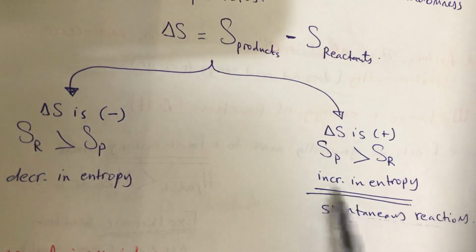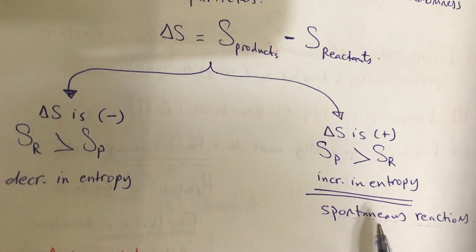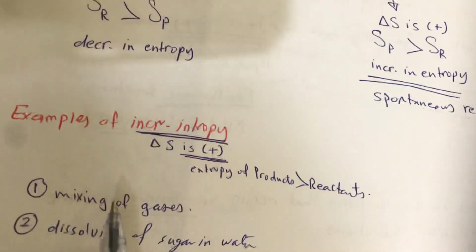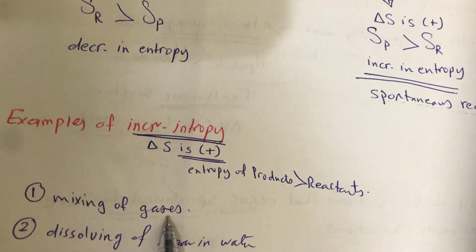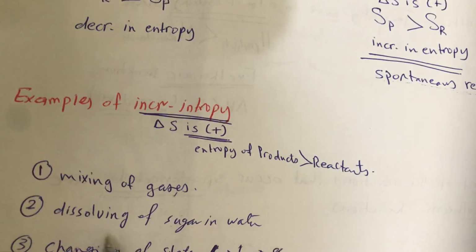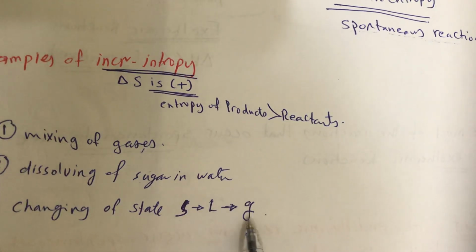An example of increasing entropy is the mixing of gases. If you have two gases and mix them together, the entropy increases. Entropy again means the arrangement of particles, so it becomes less ordered. Or when you dissolve sugar in water, or changing state from solid to liquid to gas.